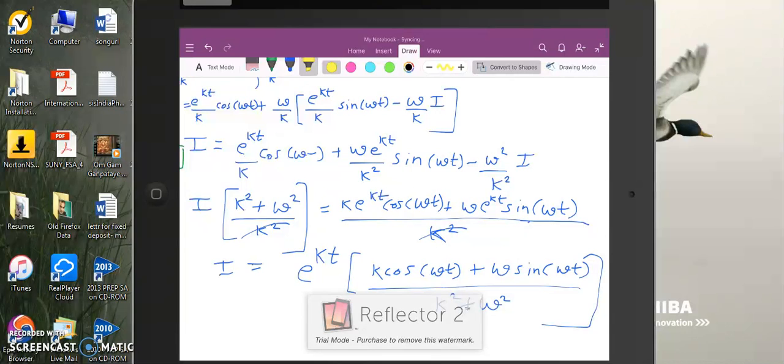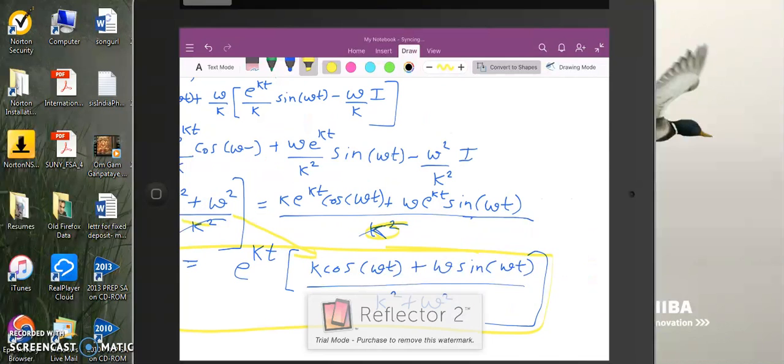Then the k squared and k squared cancel from both sides, which then caused me to bring the k squared plus omega squared down over here to get this equation. I equals e to the kt times k cosine of omega t plus omega sine of omega t, the whole over k squared plus omega squared.